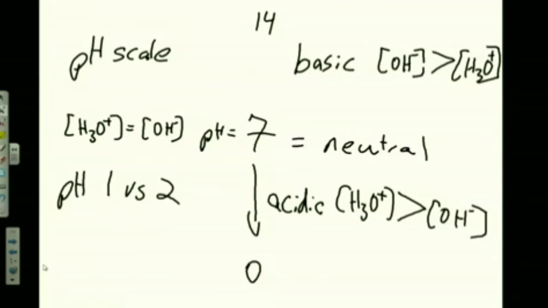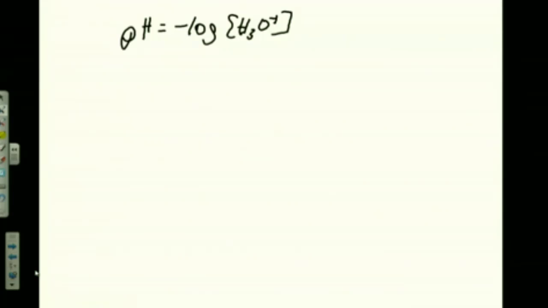Let's do a little proof. Okay? Remember, pH equals the negative log of the hydronium ion. We all remember that, right? Gave you that today. I can rearrange this. If you go back to algebra class, you can learn how to rearrange it too. It's not worth it. I'll rearrange it for you.